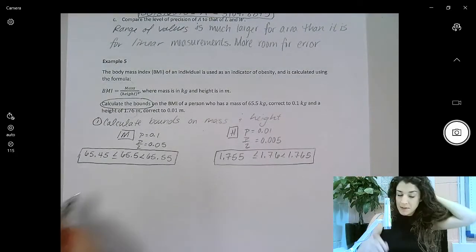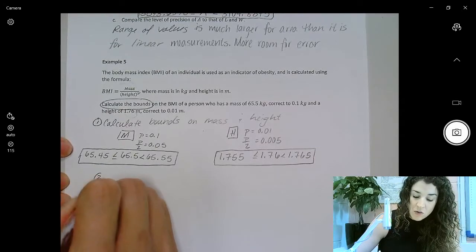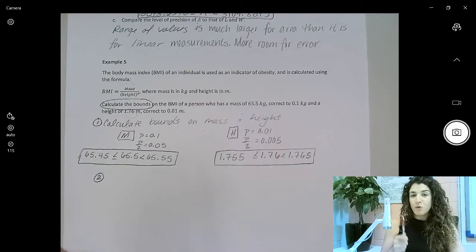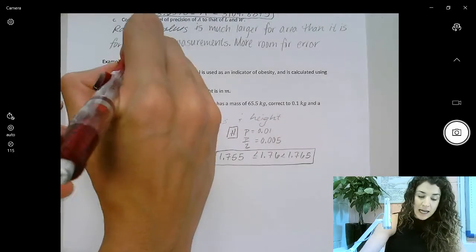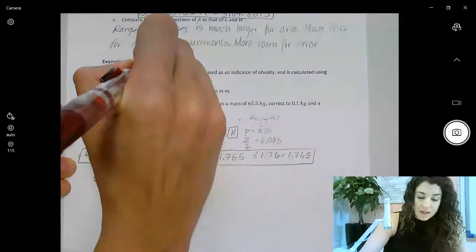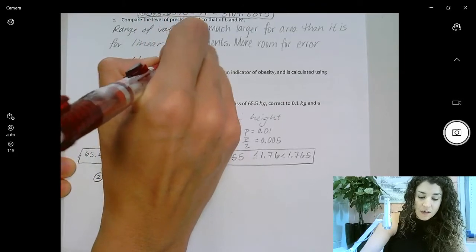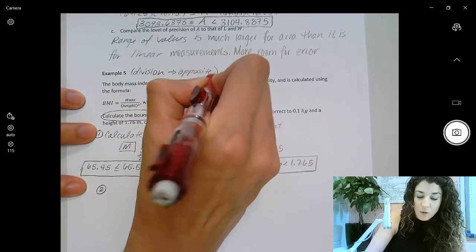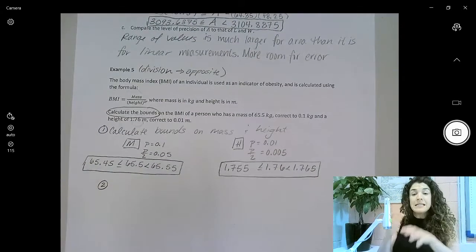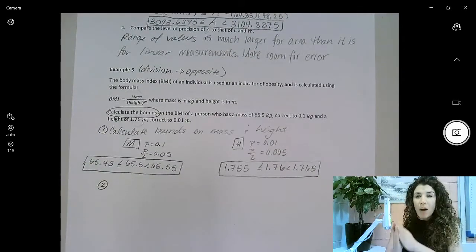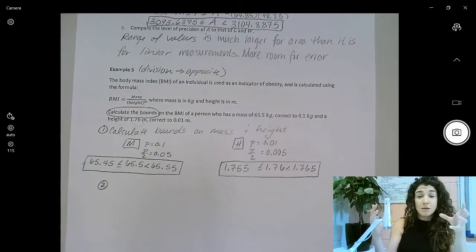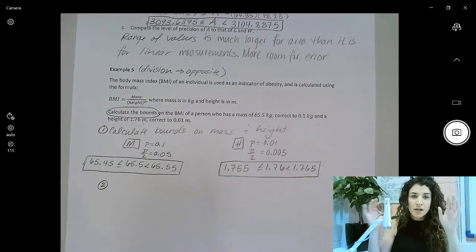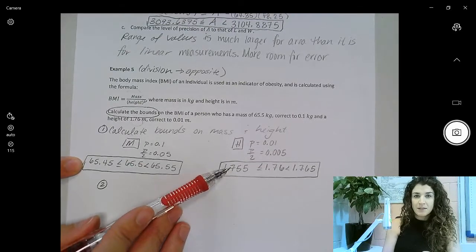Now that we have those numbers, we need to then calculate the bounds for our BMI and realize that with division, it's going to be opposite of what you did for multiplication. The idea is you want the largest possible number for your maximum of the BMI. You want the largest possible number that you could get from these numbers.